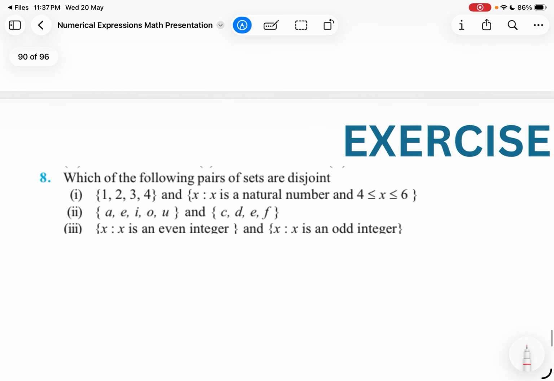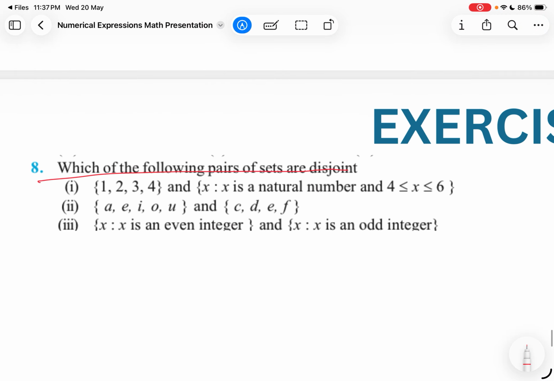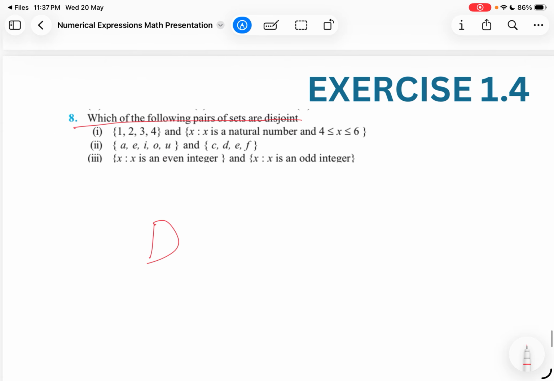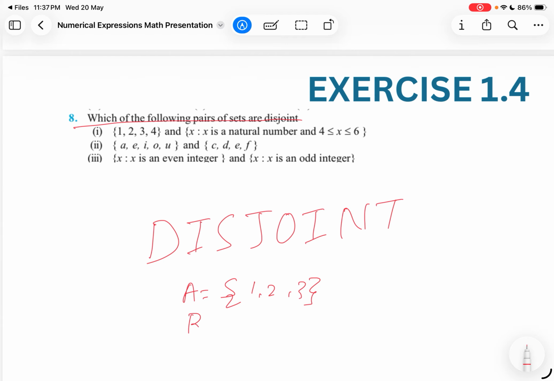Now the next one: which of the following pairs of sets are disjoint? I haven't told you about disjoint sets yet. So, if we have A equal to {1, 2, 3} and B equal to {2, 3, 5}, what will be A intersection B?